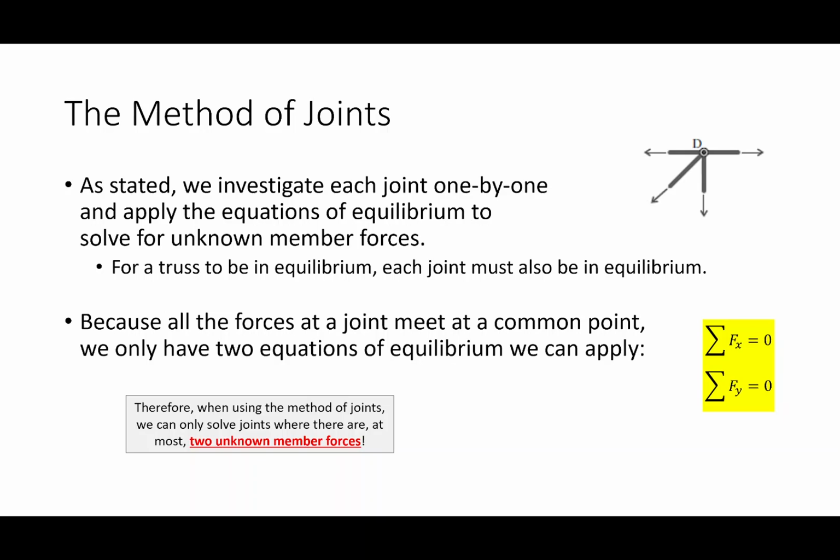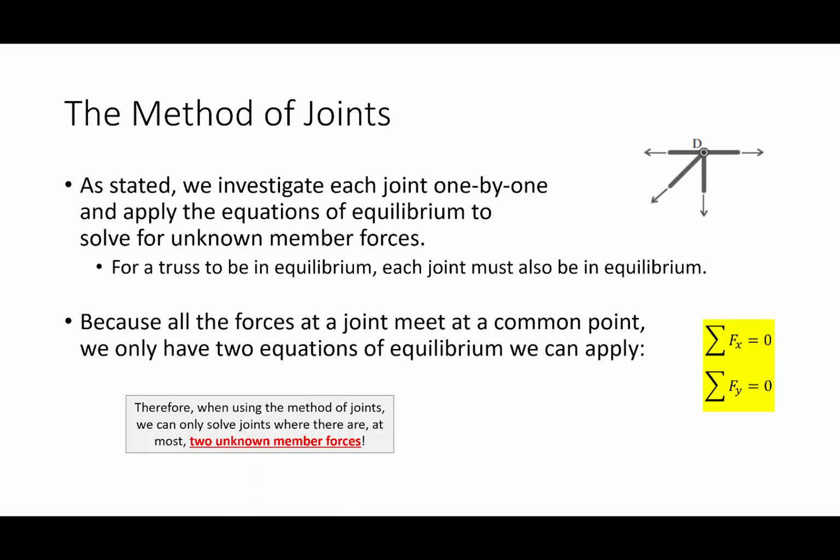There is no moment at a joint. I mean, how do you generate a moment? If I have a force and I have a point, how do I generate a moment about that point? I have to have the force separated by some moment arm in order to cause it to rotate. But if the force is going directly through the point, there is no moment, right?